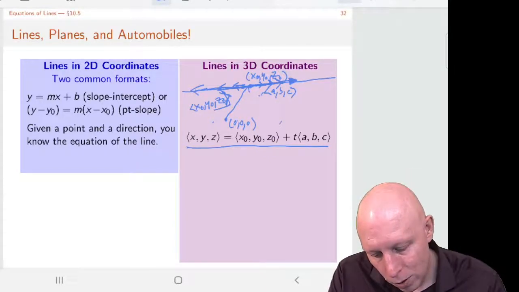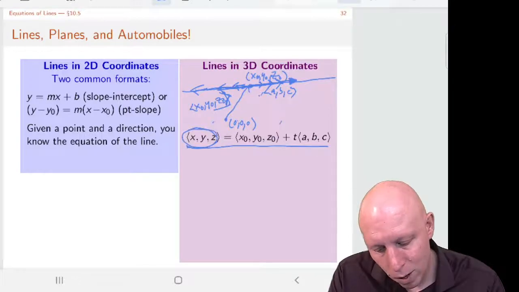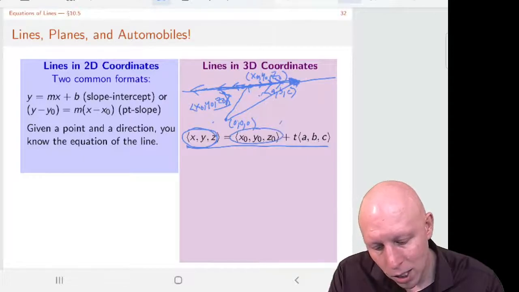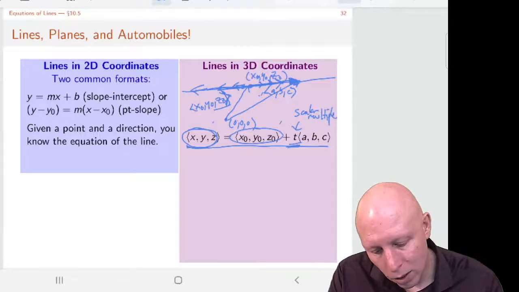So x, y, z represents the position of what happens when we add x naught, y naught, z naught, plus any scalar multiple of our direction vector.